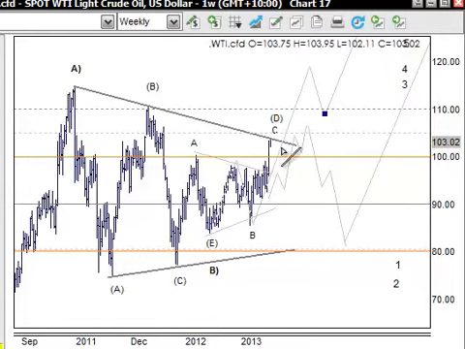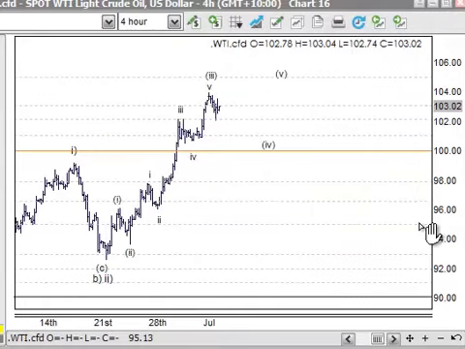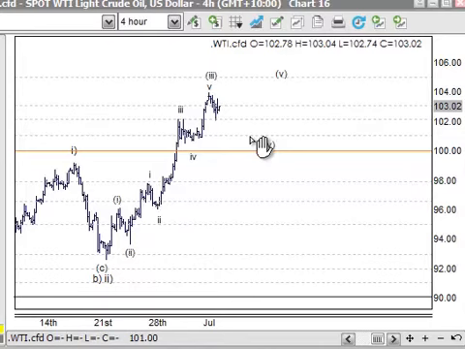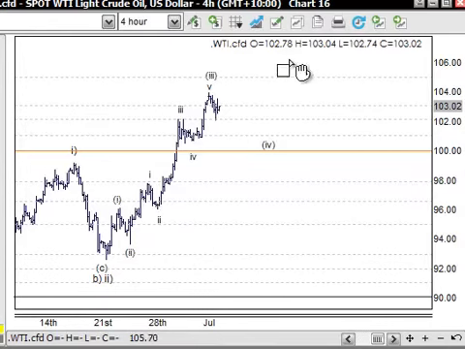Now, for this to play out as a larger structure to the upside here, with the triangle already completed at this point, we would need to stay under the 110. So that's our trigger for that point. Following this little 5 waves up as we're doing at the moment would finish just above the 105 area through here, and that's what we're looking for in terms of the top of wave 3, looking for a wave 4 back and a wave 5 to the upside.